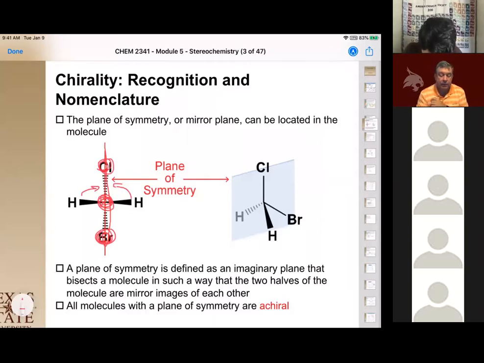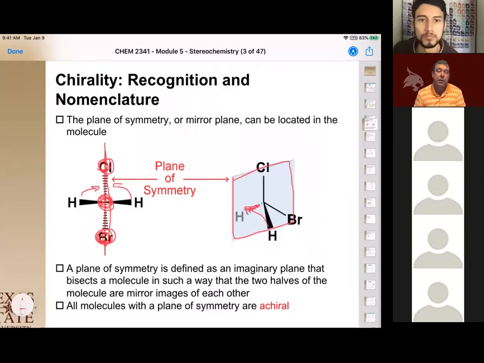So in this configuration here, it looks like that this one is going backwards, but remember, we're looking at the plane of symmetry, meaning its mirror image is going to make it look like it's going back. So because it has this plane of symmetry in it, because these two things will look exactly the same if we cut through the molecule, it cannot be chiral. It must be achiral. Okay.